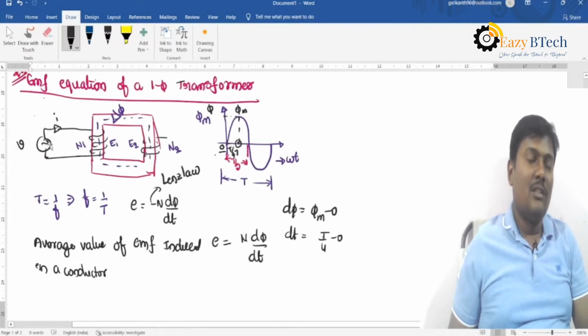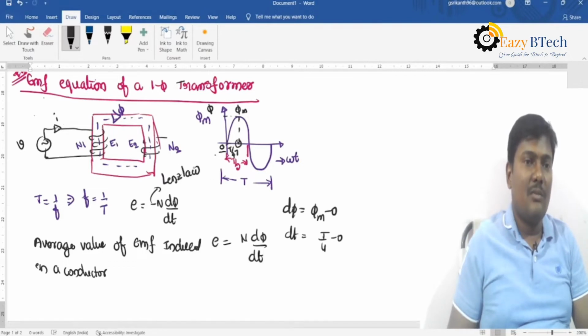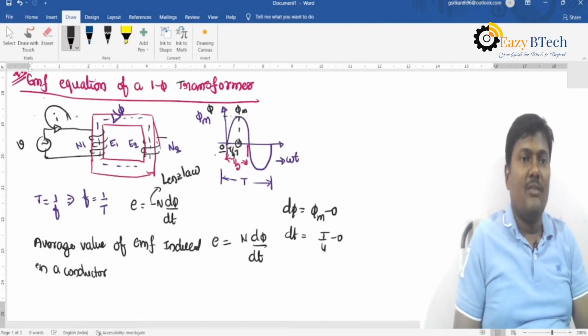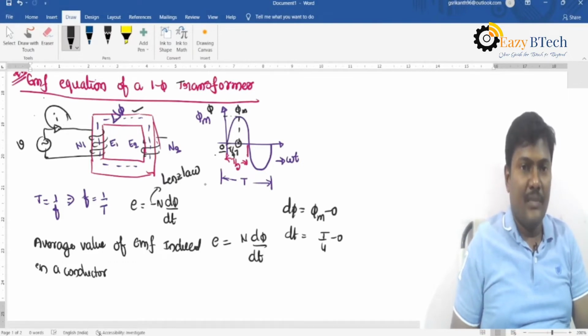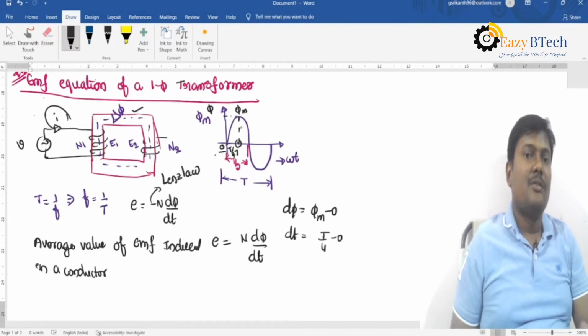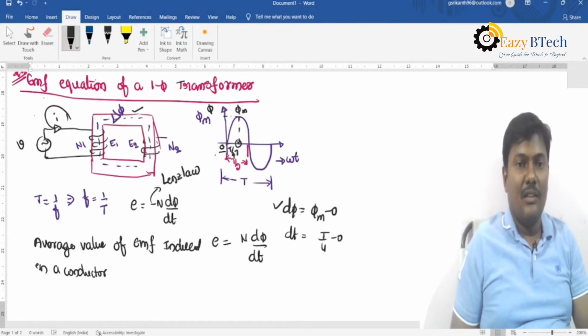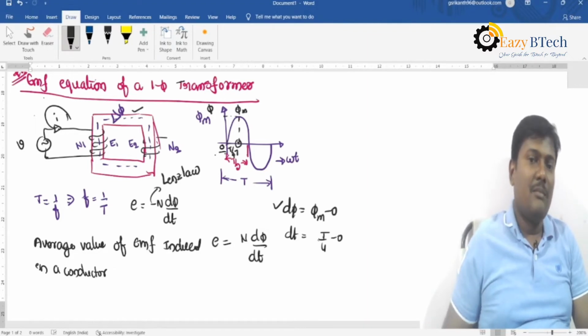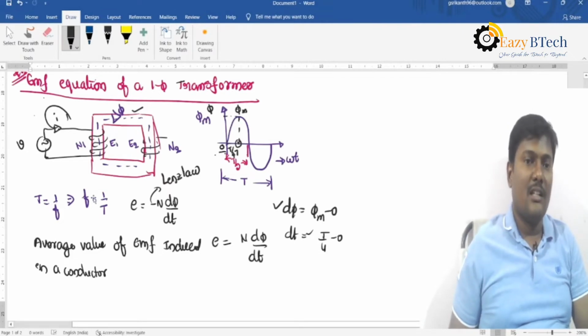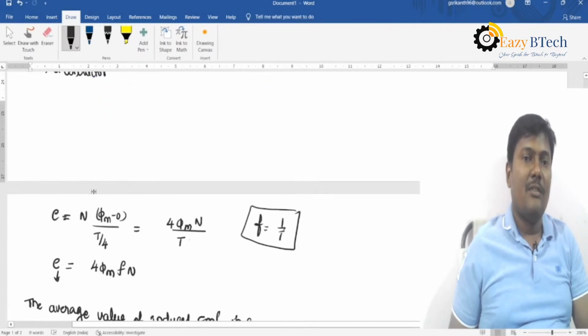Whenever a sinusoidal voltage is given to the transformer primary winding, an alternating current flows through the primary winding, which will produce an alternating flux. When the flux is changed from 0 to phi maximum, the d phi value is phi maximum. The time is changed from 0 to T by 4, and dt is also T by 4. According to Faraday's law of electromagnetic induction, EMF induced in a conductor is equal to minus N into d phi by dt.